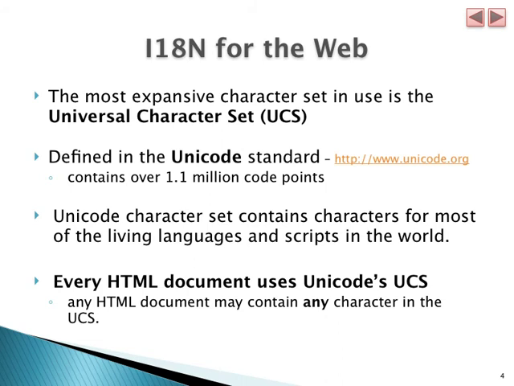In order to solve this problem, we came up with Unicode. Unicode was a coding system, a character set that has many, many code points. The idea behind Unicode was that we would come up with a single table that would cover most of the world's most important living languages.